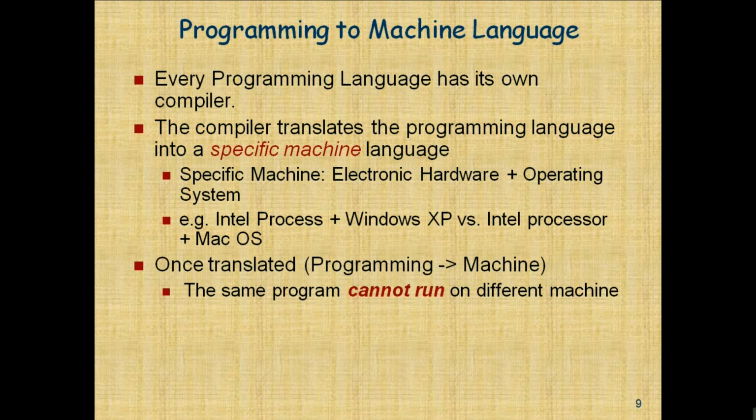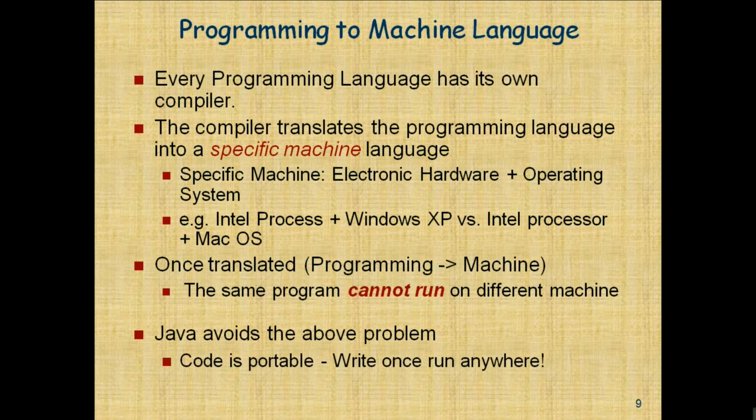In order to avoid that, Java came into picture. Write once, run anywhere. Java avoids the above problem. Code is portable, write once, run anywhere. This is one of the features for popularity of Java.